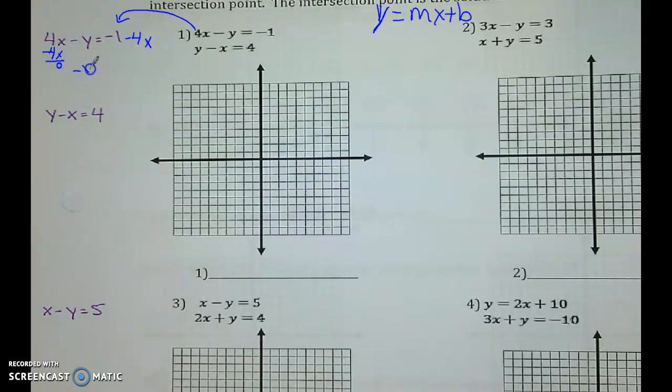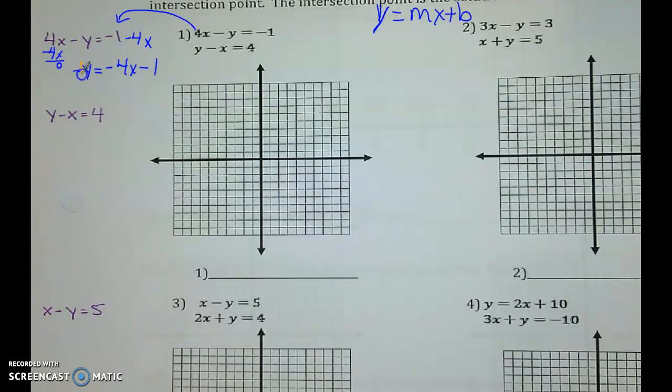That leaves me with negative y equals, and I'm going to flip the order of my negative 1 and negative 4x because I want to get it to slope-intercept form. So I'm going to put negative 4x minus 1. Now my y is still not by itself.